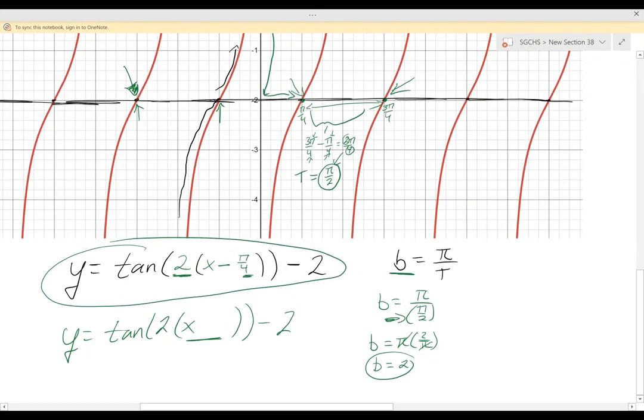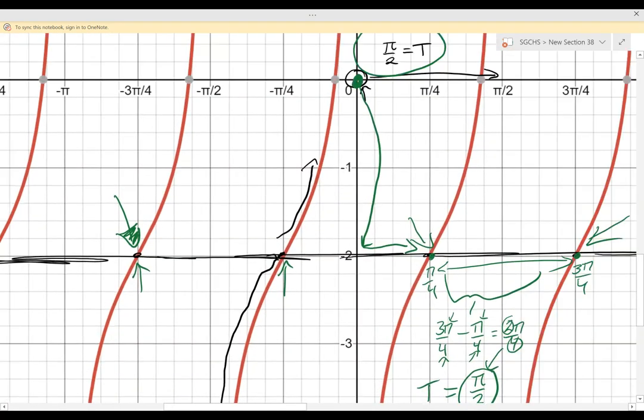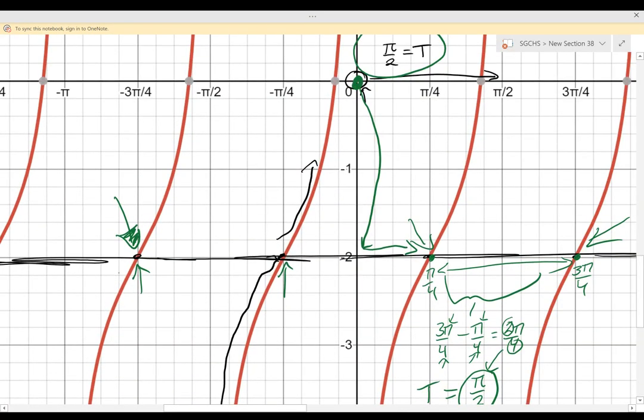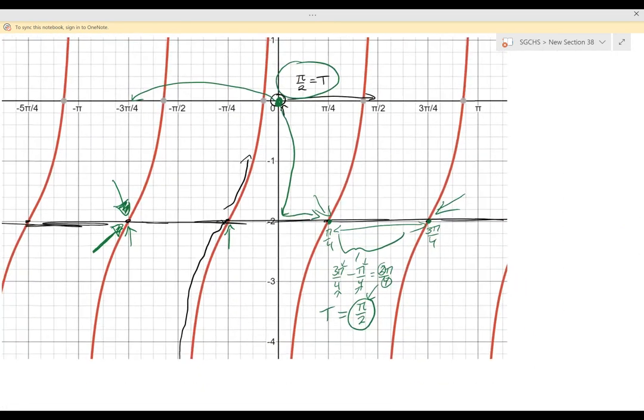And for this part, say we said that our original inflection point moved here. Okay, well that means it would have to move 3 pi over 4 units to the left.